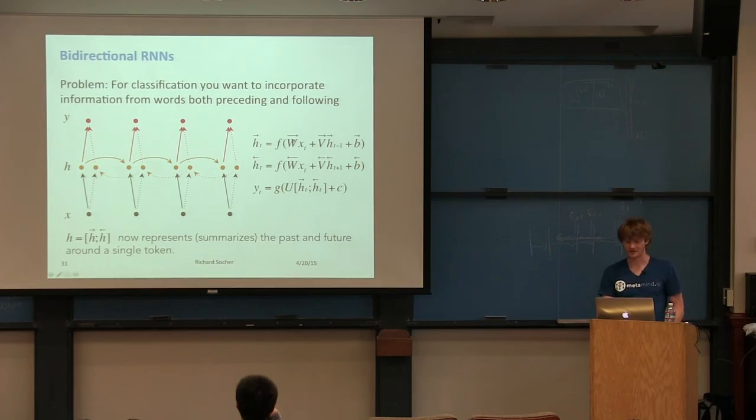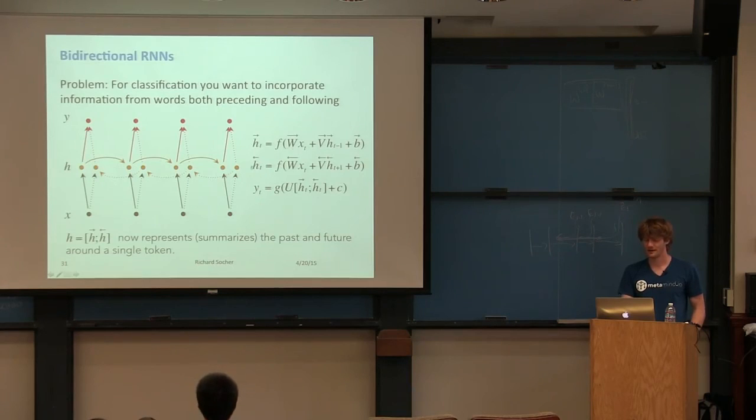So you have HT forward, or left to right, which is a standard RNN, and you have an HT right to left, which is also a standard RNN that just goes in the opposite direction. Same idea, same equations, same math, same backpropagation. You just backpropagate past each other.